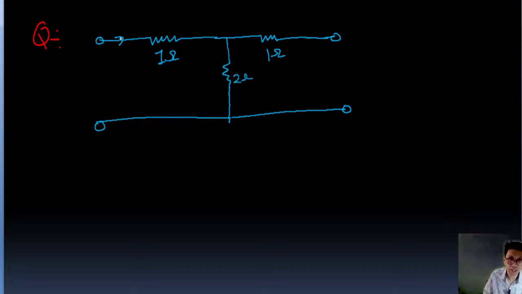This is V1 and this is V2. This is the question, and we need to find Zi, Zf, Zr, and Zo.